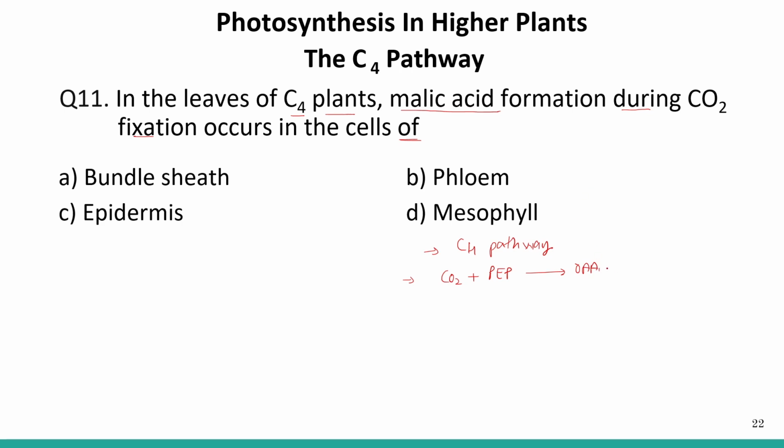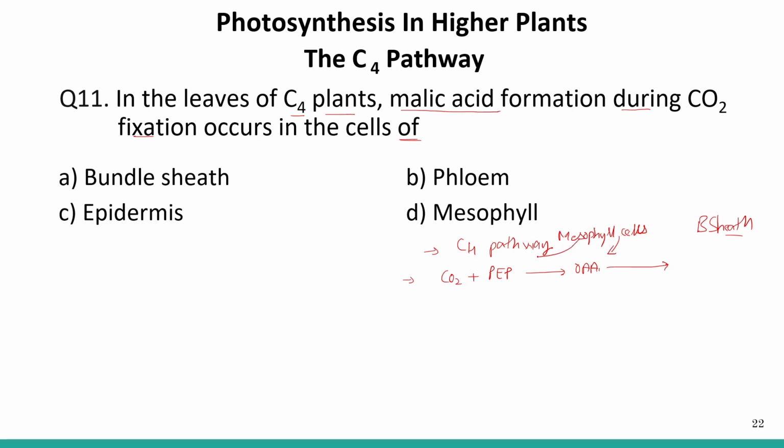Now this oxaloacetic acid cannot enter the bundle sheath cells. So these are bundle sheath cells here. Here we have the mesophyll cells. Alright, so this reaction is happening in the mesophyll cell.